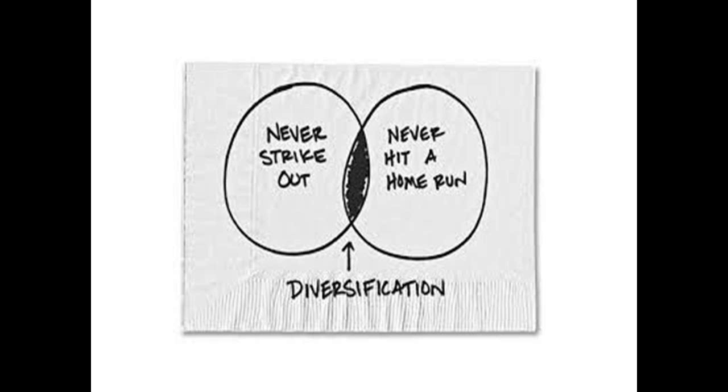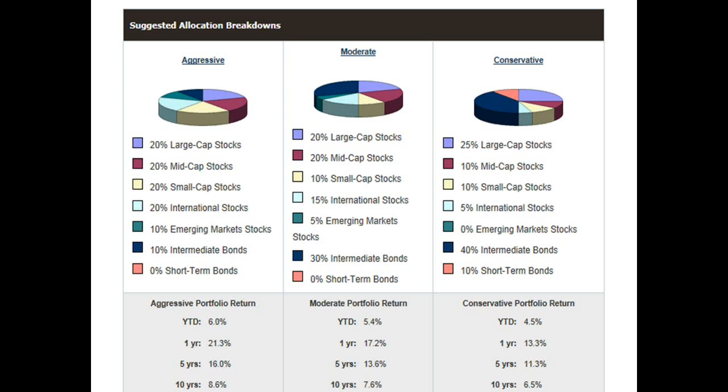Now, I want to go back to the traditional models real quick here for just a moment and make a point. You notice this particular allocation model comes in three different flavors, from aggressive to moderate to conservative. And down at the bottom, they show what the returns would have been in their particular mix of stocks and bonds. And you see, of course, the more aggressive portfolio got the higher returns.